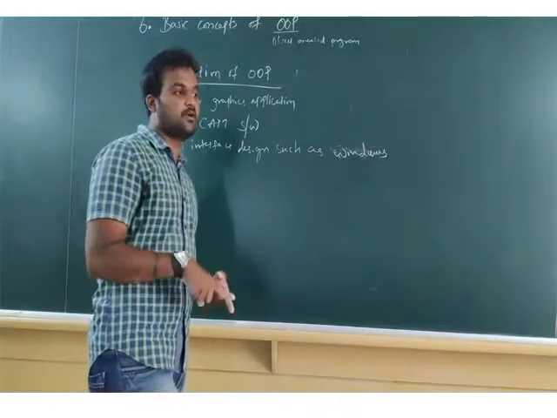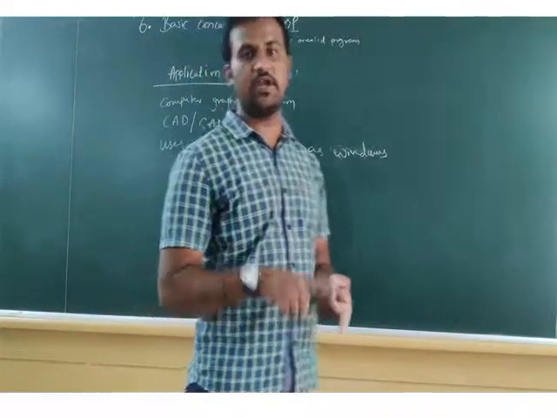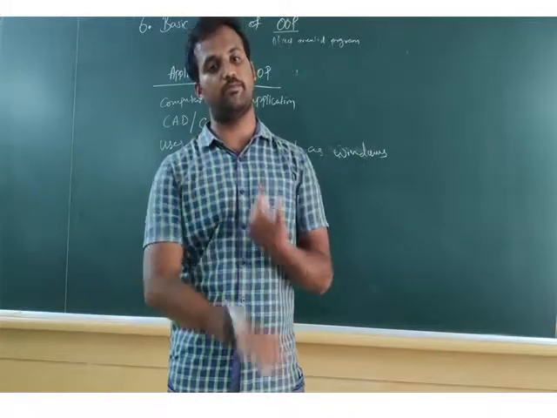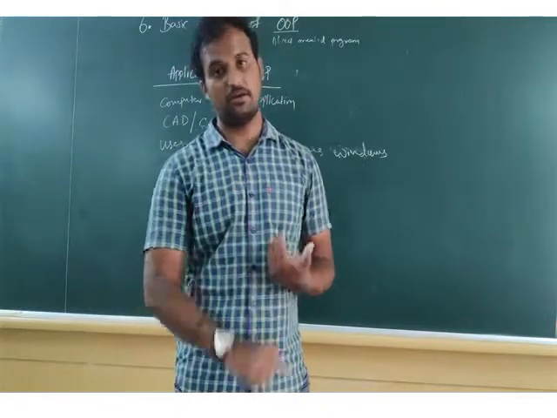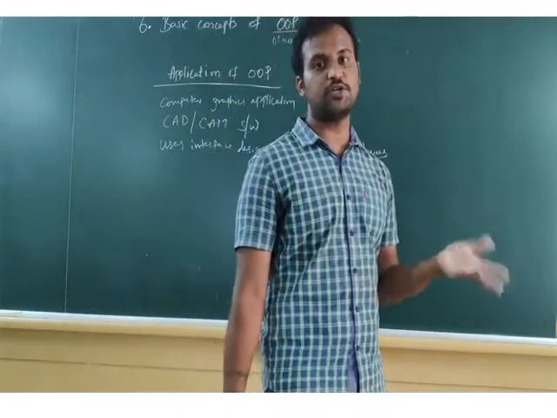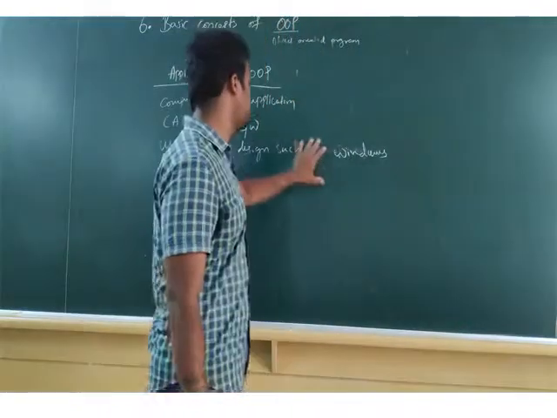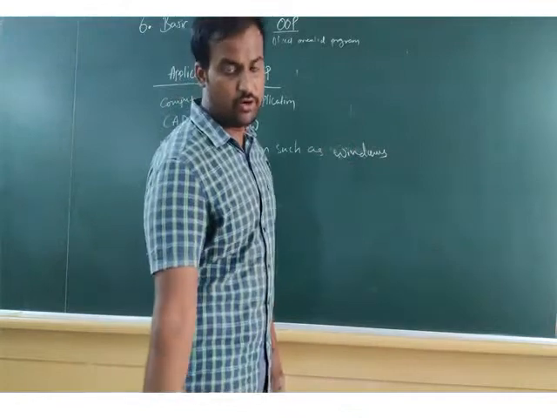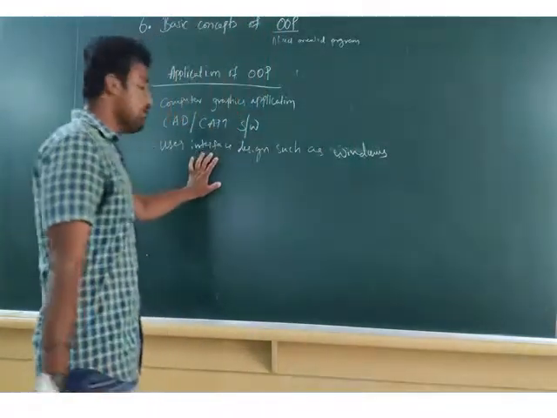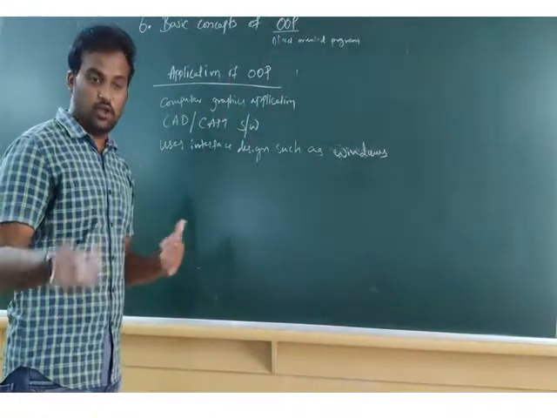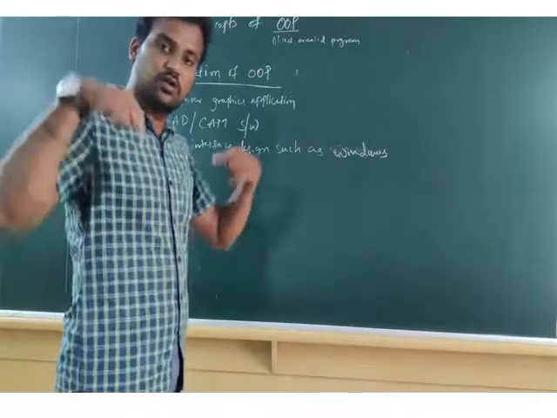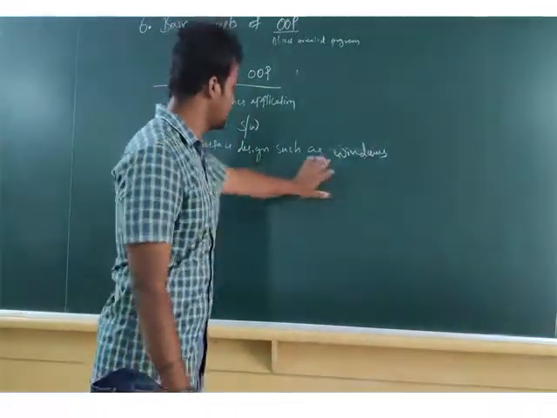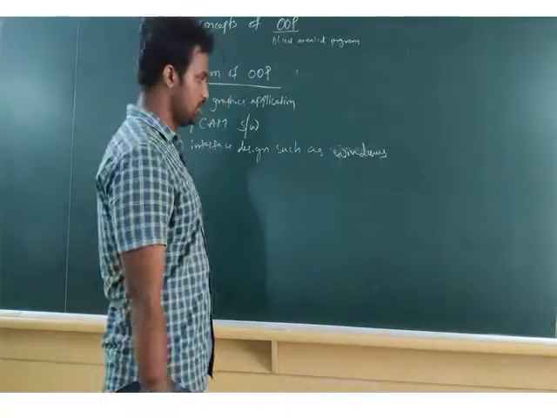Again, object-oriented programming only, not only C++. We have C#, we have Java, we have Smalltalk, we have Python. So these are all object-oriented programming. By using those object-oriented programming languages only, they have designed this Windows or operating system. Interface means communicating. Humans communicate with computer by using Windows operating system. This line meaning, okay?